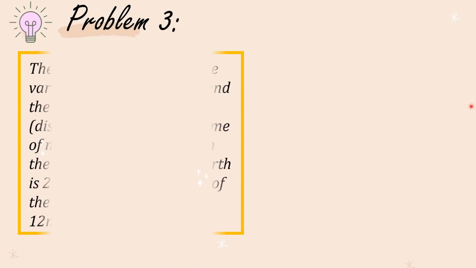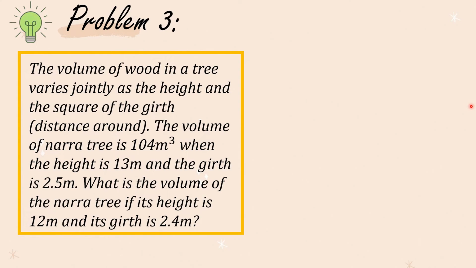Problem number 3. The volume of wood in a tree varies jointly as the height and the square of the girth. The volume of a tree is 104 meters cubed when the height is 13 meters and the girth is 2.5 meters. What is the volume of the banana tree if its height is 12 meters and its girth is 2.4 meters?